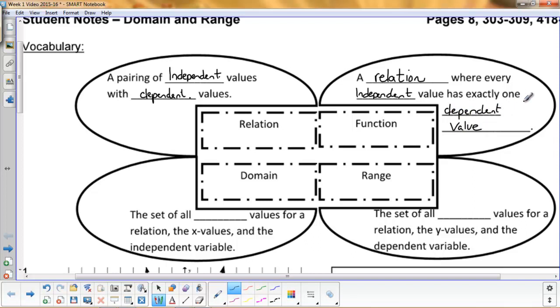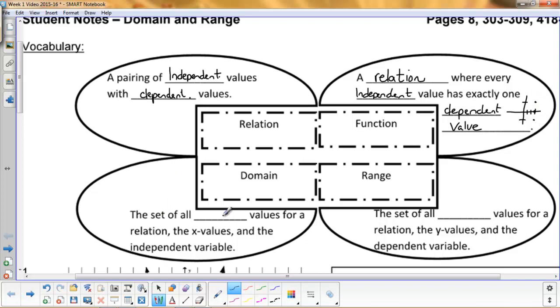So if I were to draw a small little graph off to the side, and I choose a point on the x-axis, let's say 3, I cannot have (3, 1) and (3, negative 1) and have a function. Remember your vertical line test?